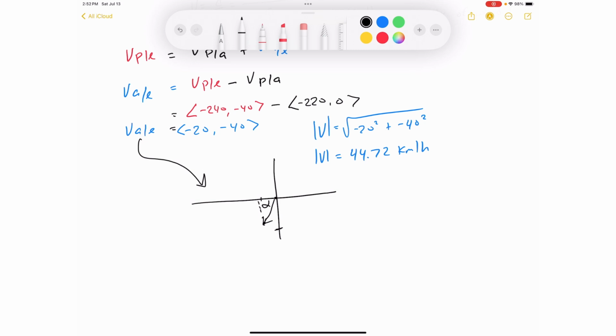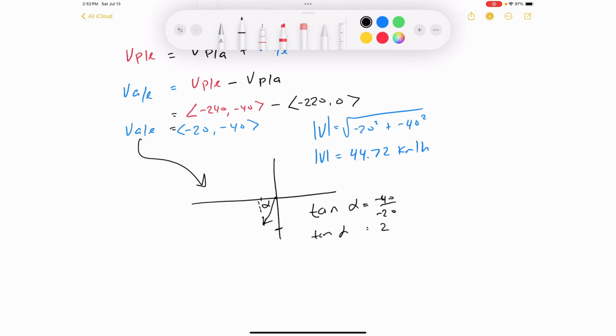So what I can do is say the tangent of alpha is equal to, of course, opposite over adjacent, so it's negative 40 over negative 20. That ends up being just 2. So now you have the tangent of alpha equals 2. What I'm looking for is alpha.